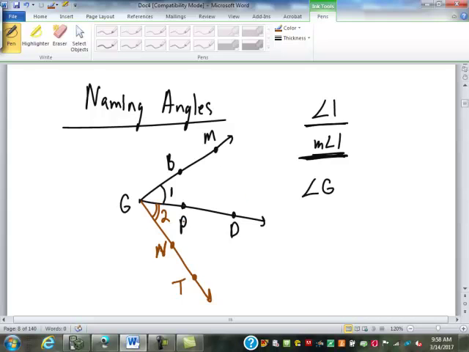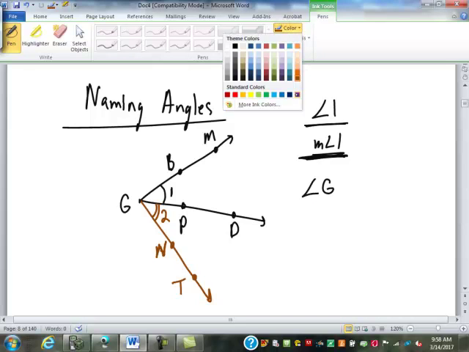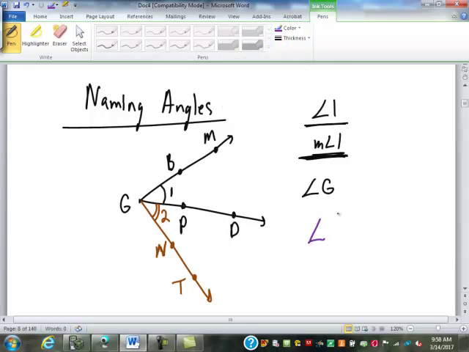I might call this angle 2. Or we could name them a little bit more precisely by naming a point on one side, naming the vertex, and then naming a point on the other side. BGD is telling me it has to be that angle right there.